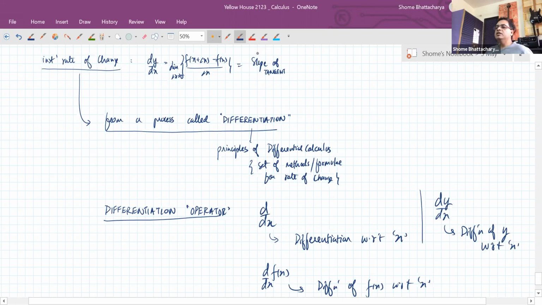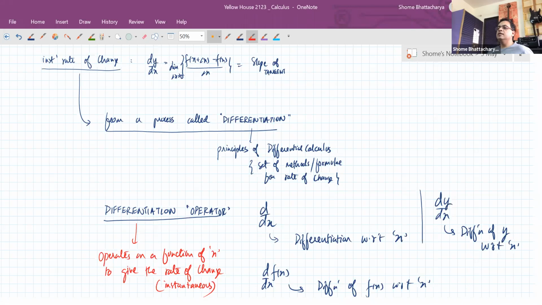What this differentiation operator does is it operates on a function of x to give the rate of change of that function. And by rate of change, we mean instantaneous rate of change. It directly gives us that quantity.